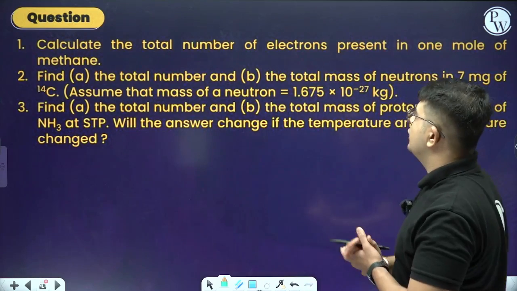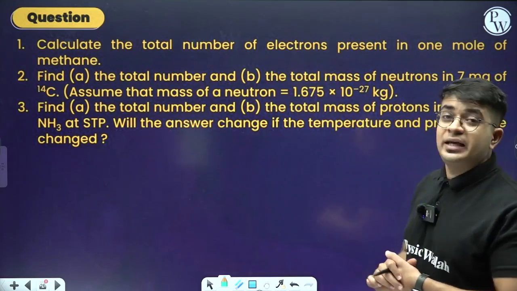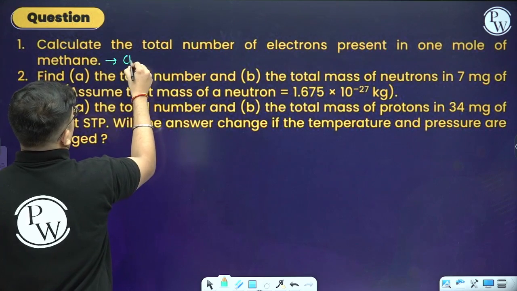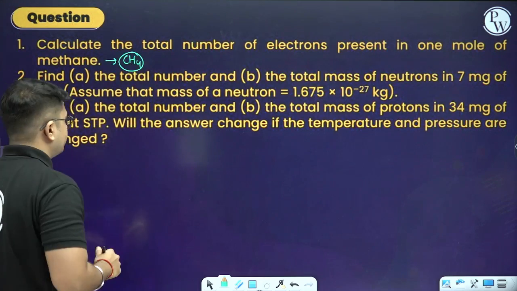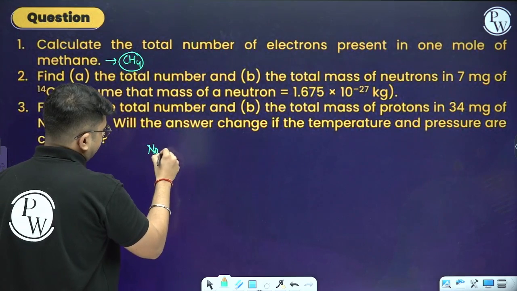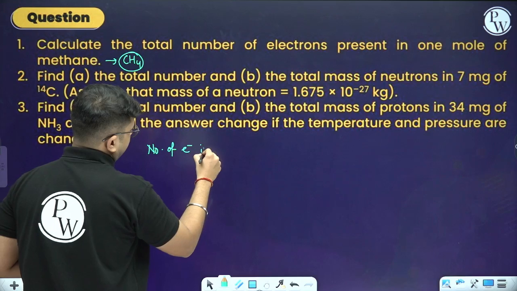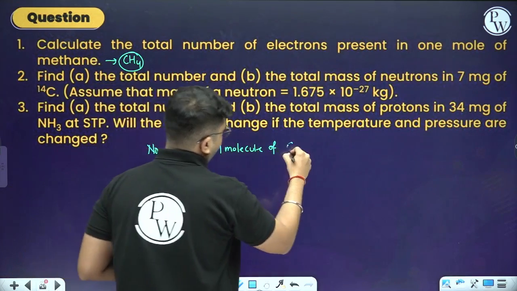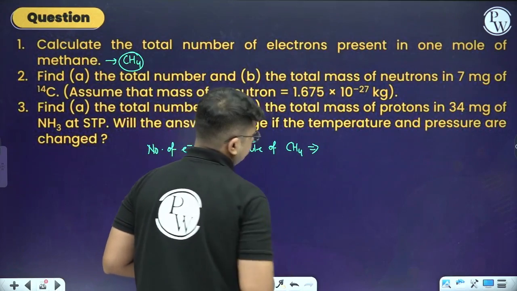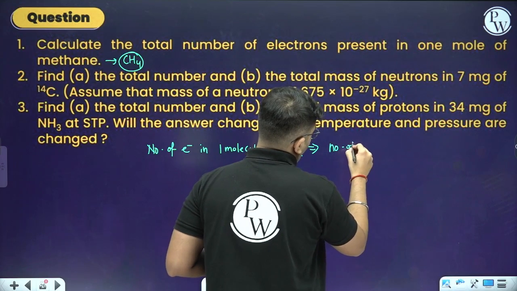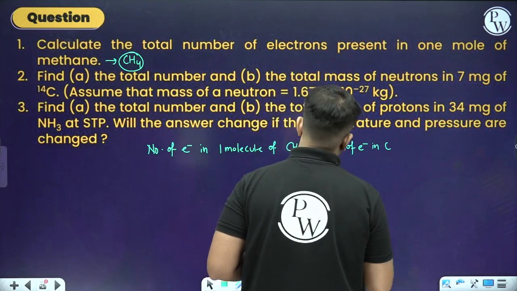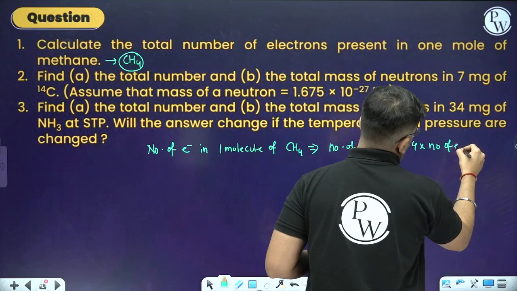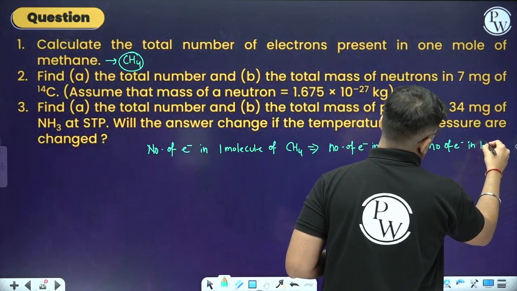Okay, calculate the total number of electrons present in 1 mole of methane. A very interesting question. So methane is basically CH4. So I can say the number of electrons in 1 molecule of methane will be the number of electrons in carbon plus 4 multiplied by the number of electrons in hydrogen.